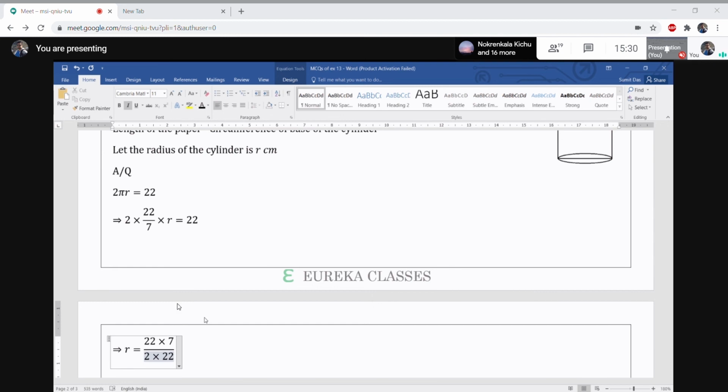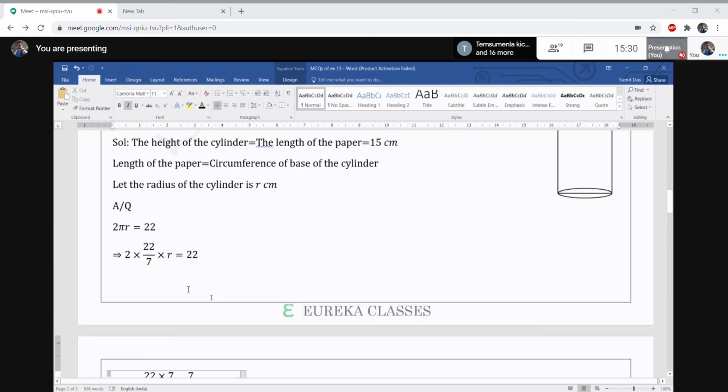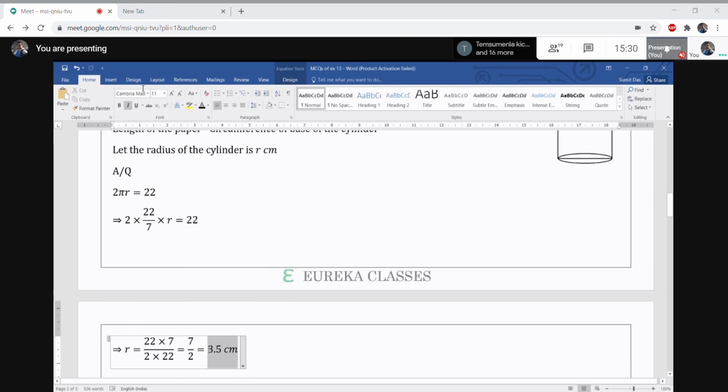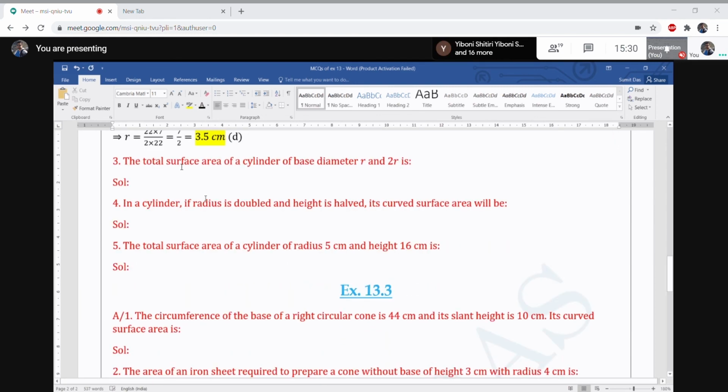So if you simplify, it will be 7 by 2, which is equal to 3.5 centimeter. Okay, so which option is correct? Option D is correct.